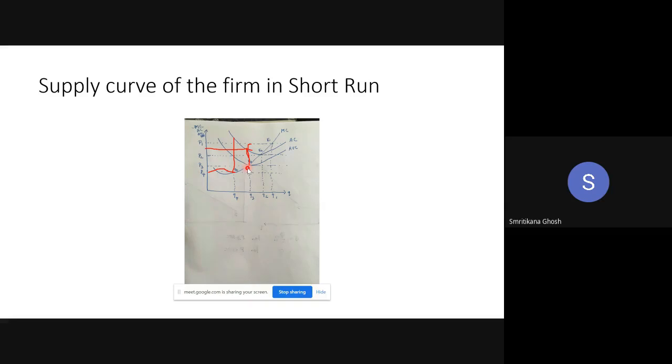The MC curve above the shutdown point is the supply curve of the firm, because below the shutdown point there is no supply, as the producer will stop production. There will be no curve. So the MC curve above the shutdown point is the short run supply curve of the firm. Is it clear?